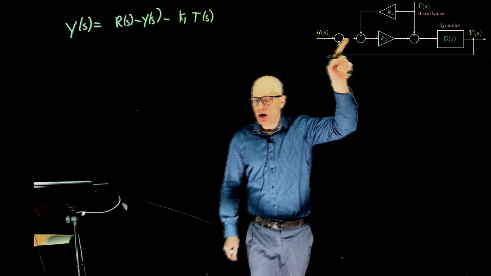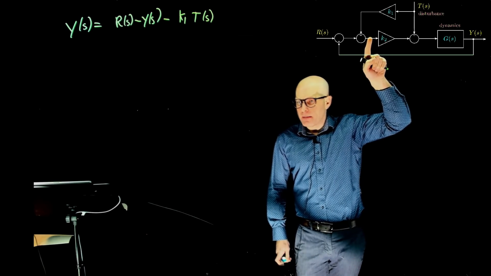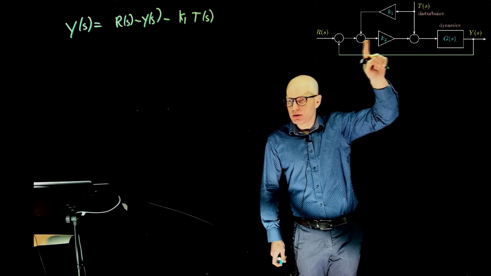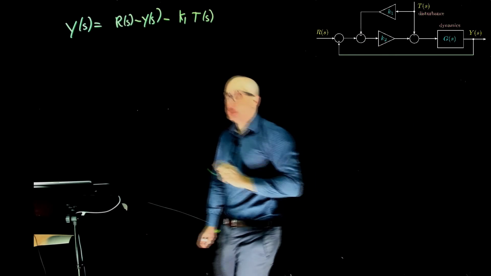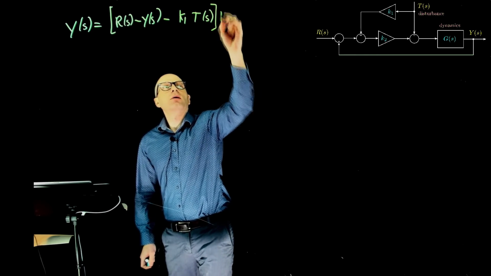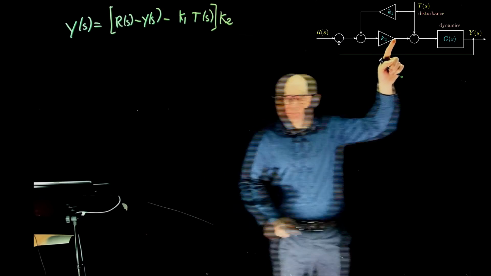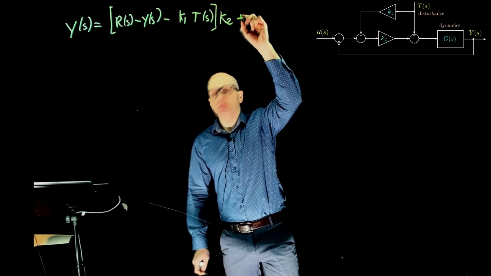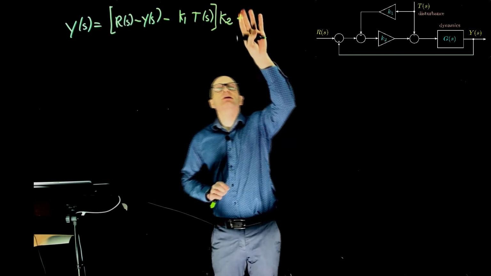All right, so r minus y minus this signal here, which is t times k1. What happens next? Everything is multiplied by k2. To the result, we add t of s. Is that a positive value? No, it's negative, so minus ts.